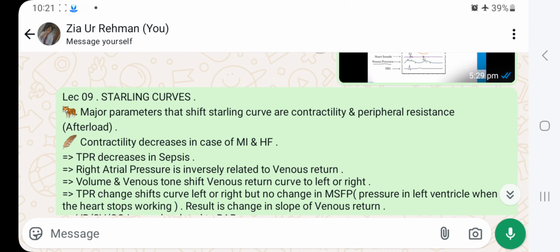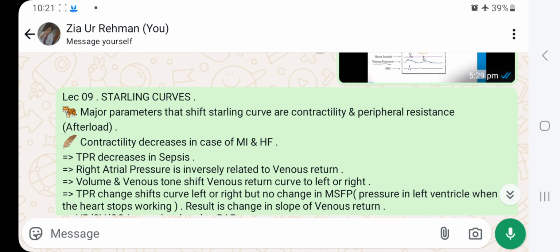Major parameters that shift the Starling curve are contractility and peripheral resistance, that is afterload. Contractility decreases in case of MI and heart failure. TPR decreases in sepsis. Right atrial pressure is inversely related to venous return.